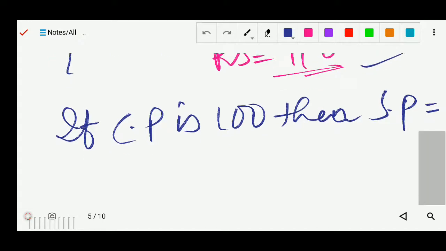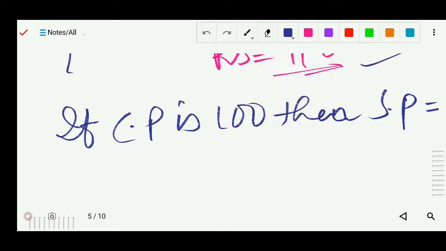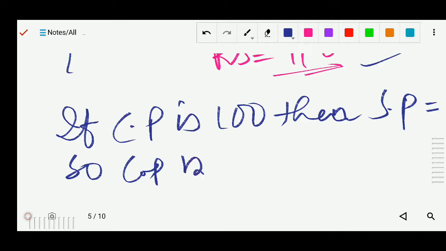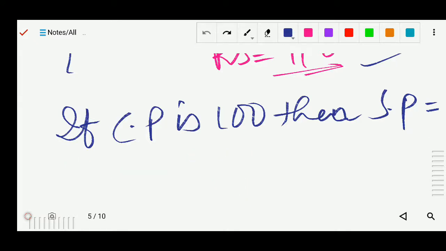So cost price of 1. Okay, if the cost price is 1, you can write the statement like this, it is better.